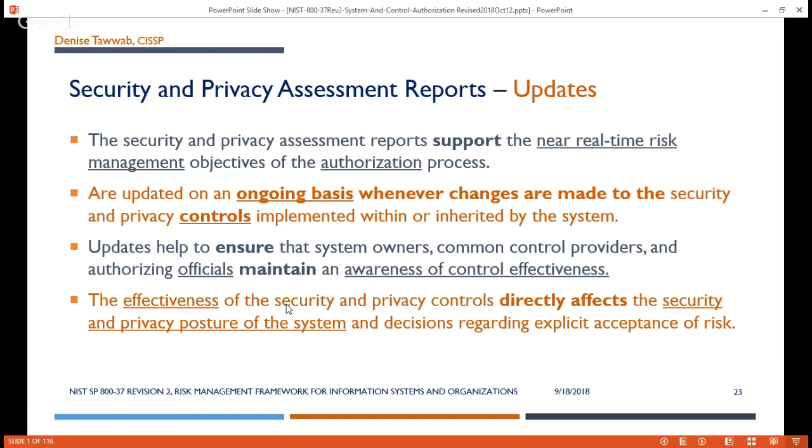But either way, you want ongoing awareness of the control effectiveness, and you get that by updating your security and privacy assessment reports. The effectiveness of the security and privacy controls will directly affect the security and privacy posture of the system, which will directly affect the risk-based decisions that are being made about whether to accept the risk of authorizing those systems.